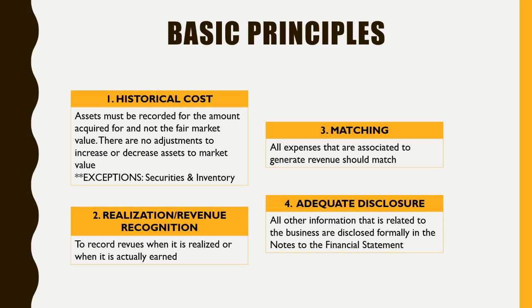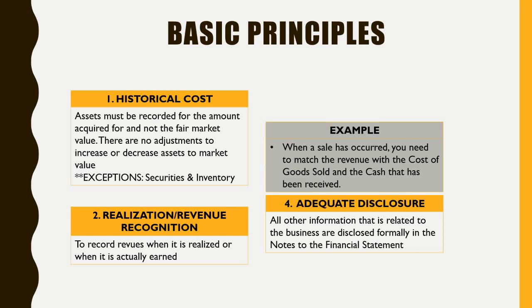Now, for example, when you make a sale of an item, you also have to think about how much it took you to purchase the item. So that's where the cost of goods comes from, and also the profit that you earned. Those are the two things that you're going to match with the revenue.